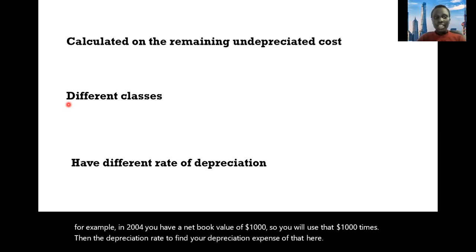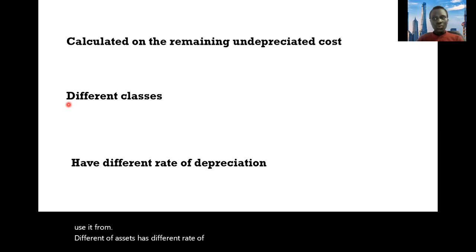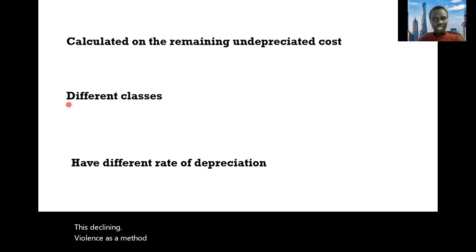We use this type of method on different classes of assets, and different classes of assets have different rates of depreciation. So we have a lot of characteristics of this declining balance method of calculating depreciation expense.